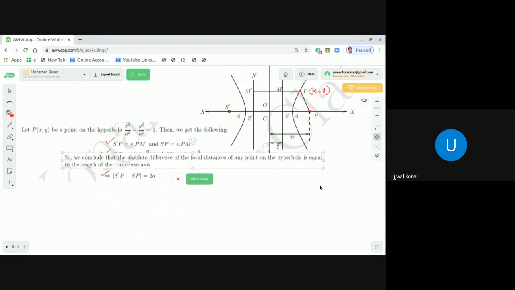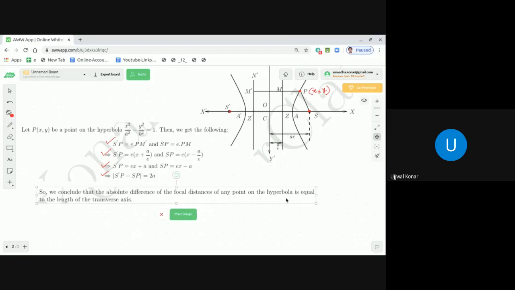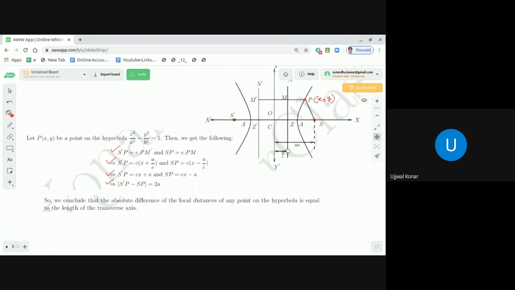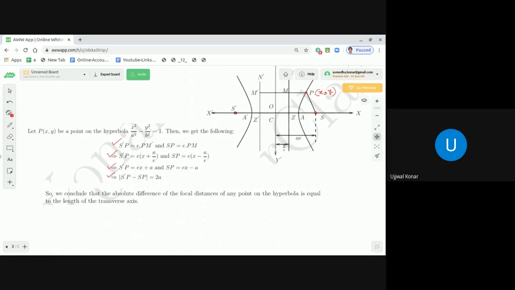So what is our conclusion? The absolute difference of the focal distances of any point on the hyperbola is equal to the length of the transverse axis. This is an important observation that we have taken from the focal distance.